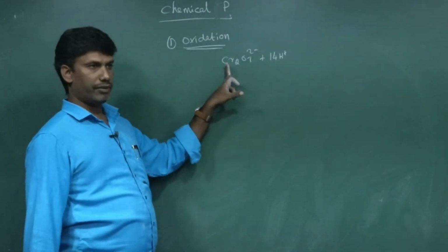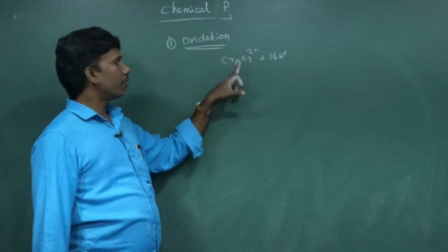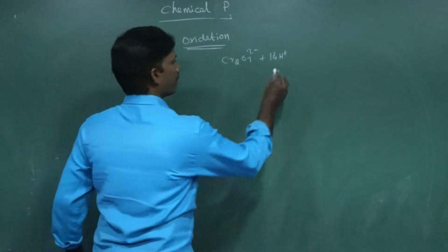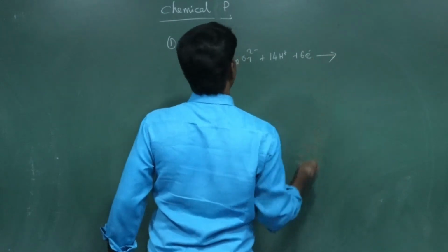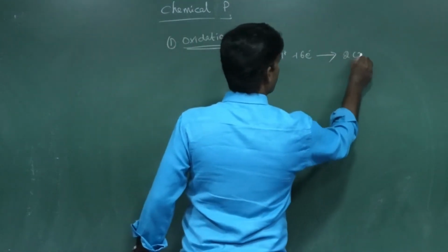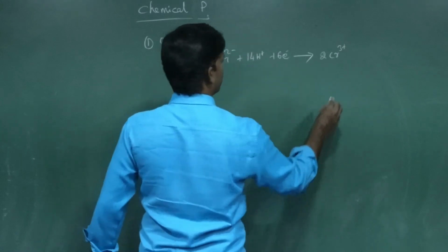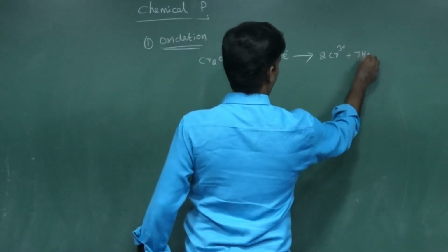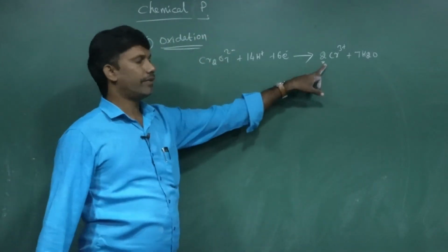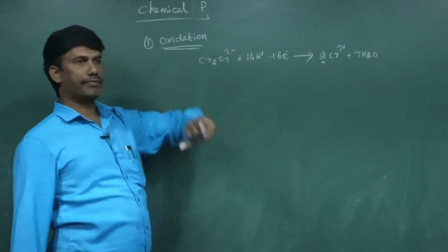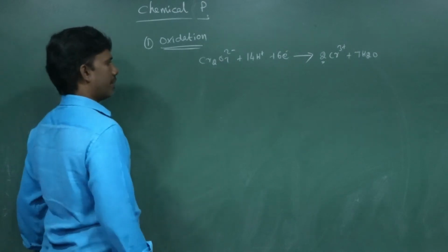Cr2O7 2 minus plus 14 H plus plus 6 electrons gives 2Cr3 plus plus 7 H2O. In your book, the 2 is missing, a printing mistake. You add this.